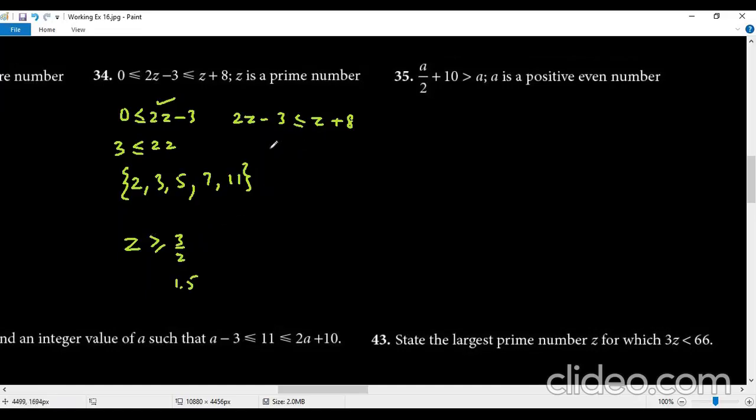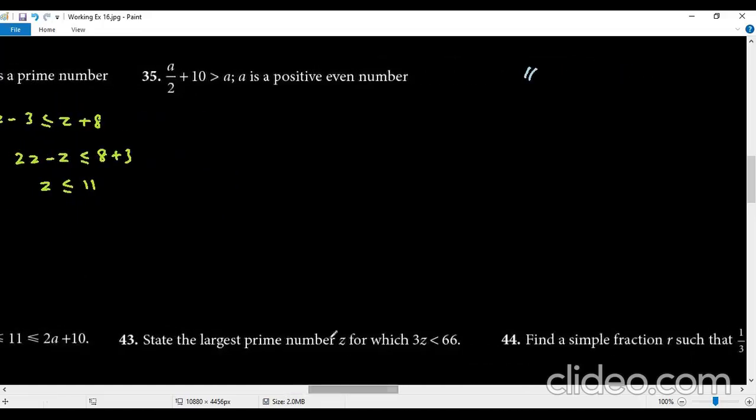So the first prime numbers are 2, 3, 5, 7. And over here when I solve this, 2z minus z less than or equal to 8 plus 3. That means z is less than or equal to 11. So 11 is included. This is why I have written 11 here.